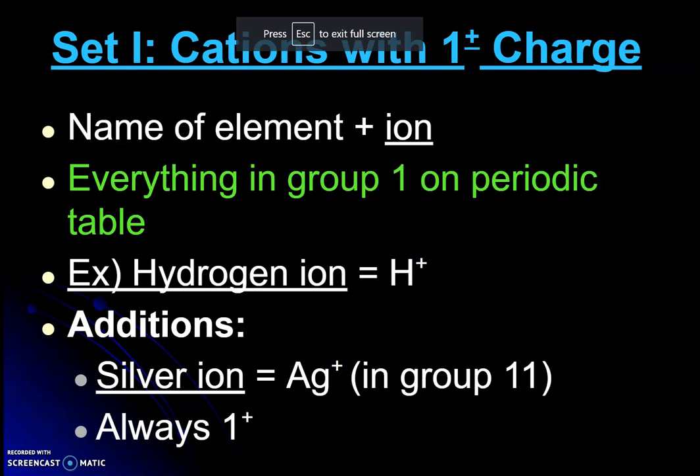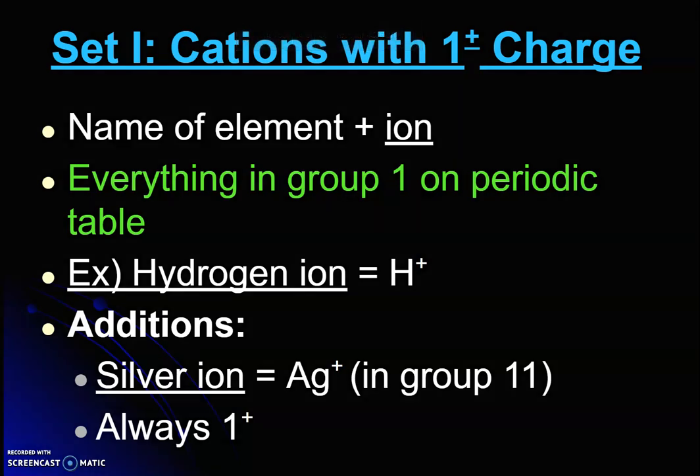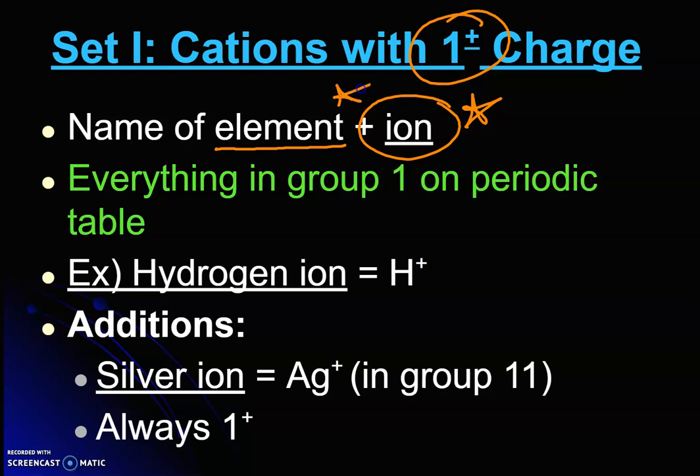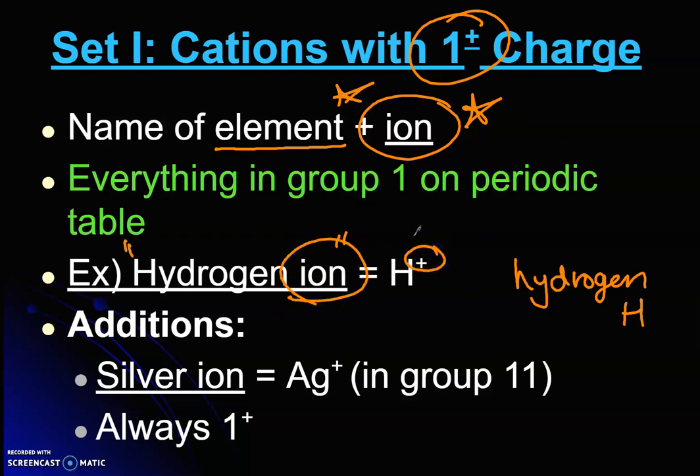Next thing. Set 1 are going to be all of your cations with a 1 plus charge. And since they are cations, you'll see that they are named as the element name and the word ion. So it says hydrogen ion. If you just write hydrogen down, I'm thinking that you mean just H, whereas hydrogen ion means the H plus.